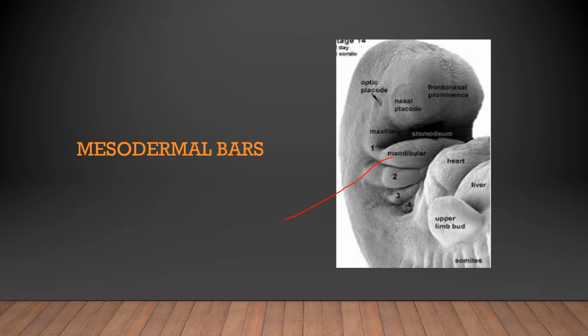The mesodermal structures pass through these bars, namely the development of the arteries, nerves, skeletal elements and cartilage. All of these travel through the mesodermal bars. The outer surface of each bar is surrounded by surface ectoderm and the inner surface is surrounded by the endoderm layer.